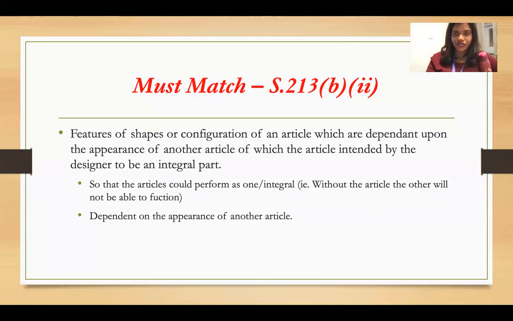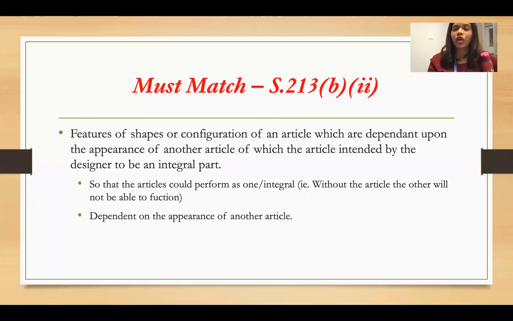The must match feature is contained in section 213B2, where it is very similar with the principle of must fit, where the main motive here is to avoid people monopolizing the market. This whole idea of the exclusion is basically because they don't want to monopolize the market.